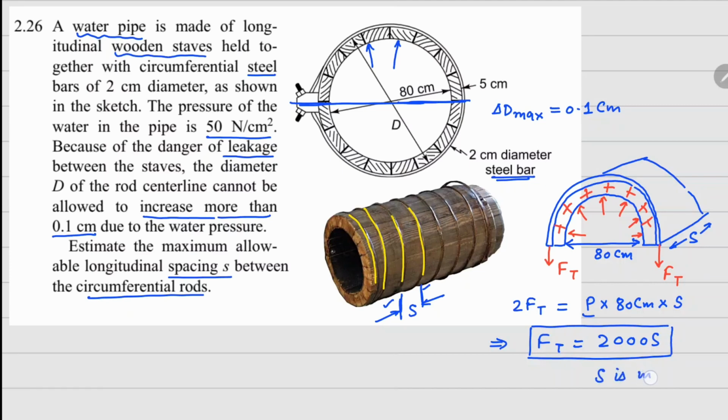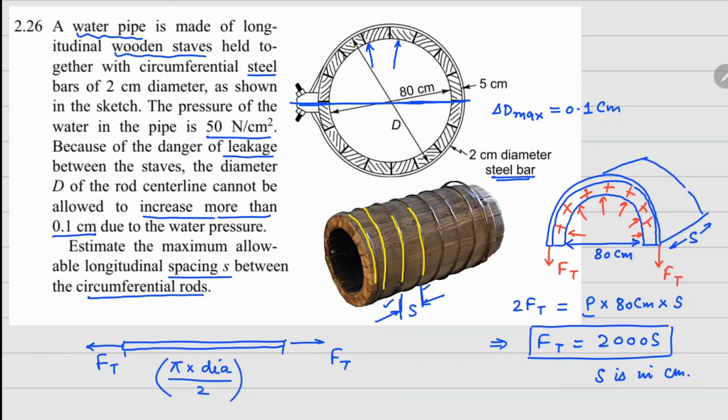S is in centimeters. Now let's look at the wire and its extension. So if I take that wire and flatten it out, on this side here and this side here we have this force Ft, this force Ft. The length of this wire, because we are considering only one half, is going to be pi times the diameter divided by 2, because pi d is going to be the overall perimeter, so this is going to be only half of that.